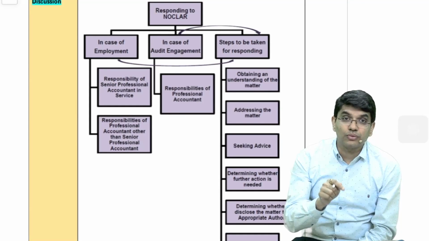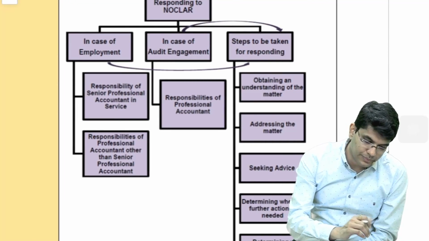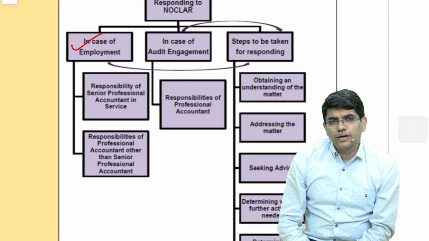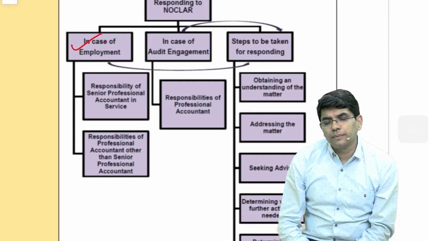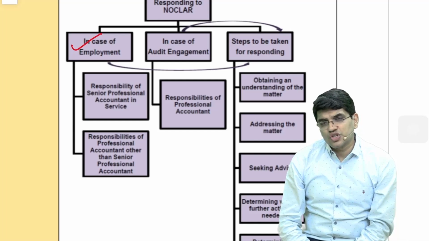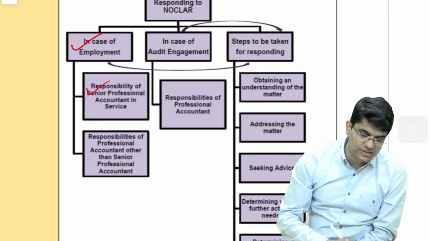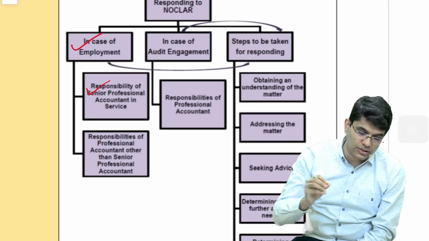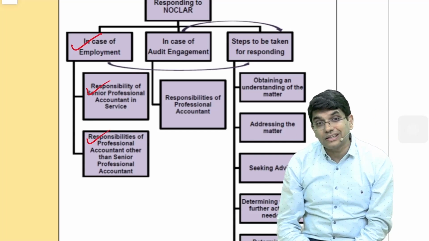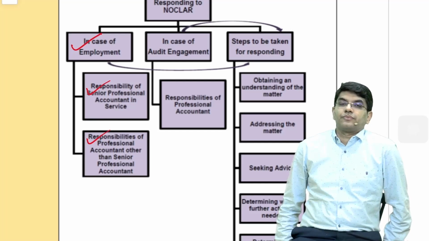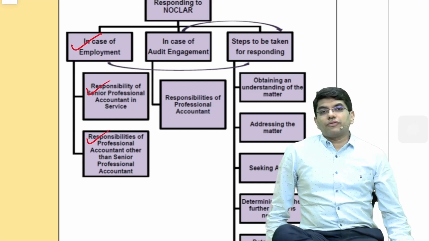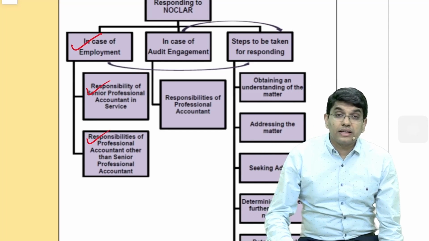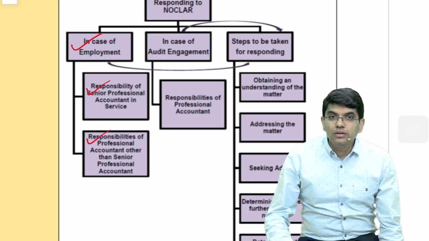This chart is directly from the module. It says that if you're in employment, they have divided the responsibilities for senior professional accountants and responsibilities for people other than senior professional accountants.